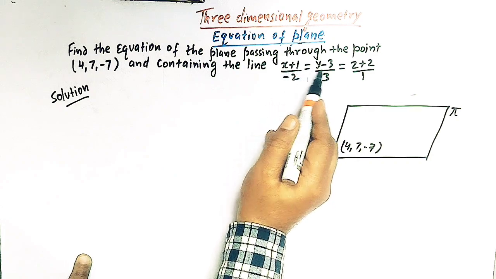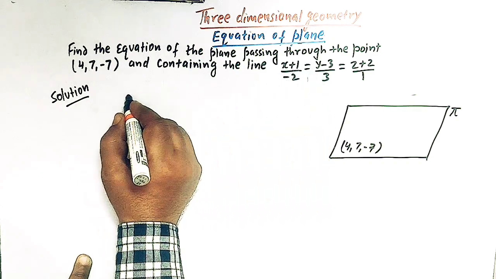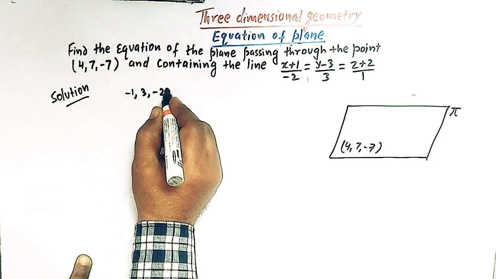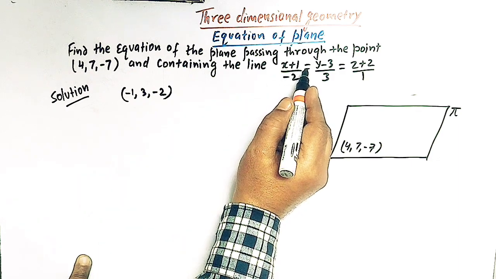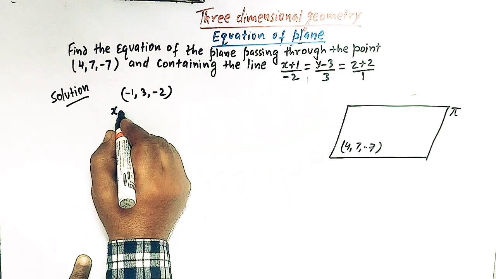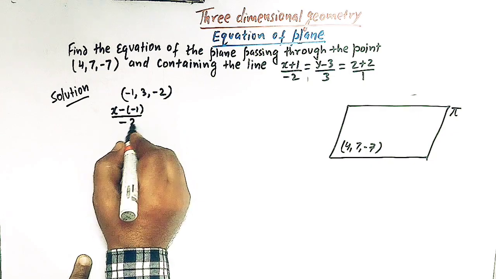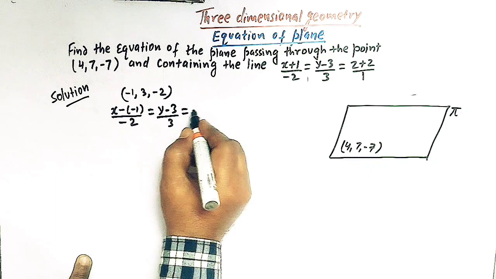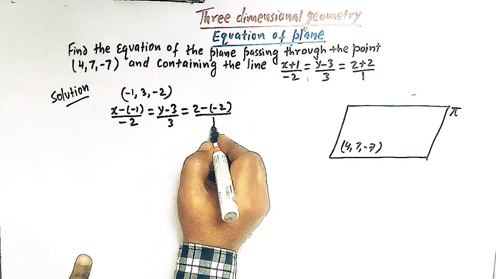Now see, this line passes through the point that is minus 1, 3 and minus 2, because here we can write the equation of the line like this, that is x minus minus 1 over minus 2, y minus 3 over 3, and z minus minus 2 over 1.